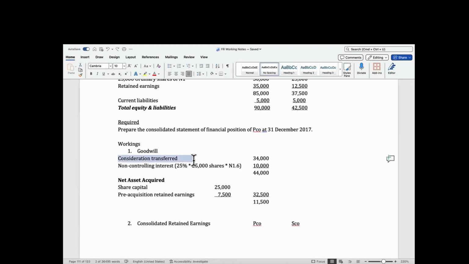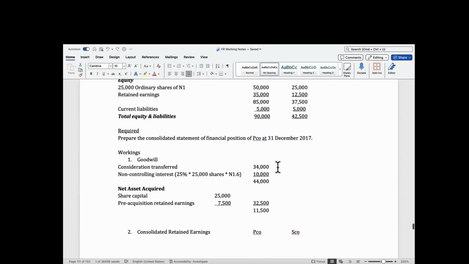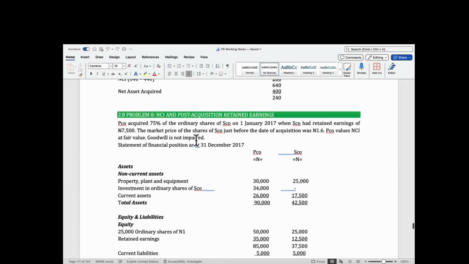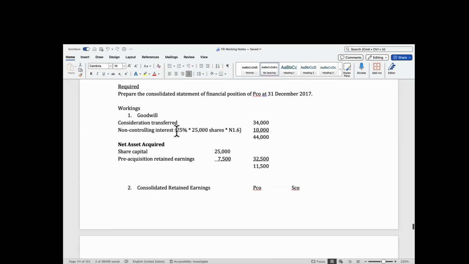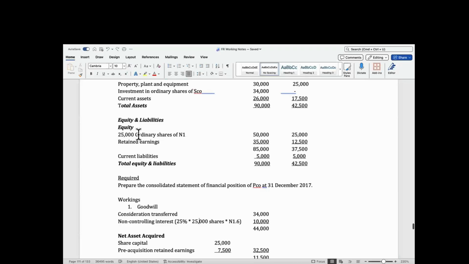So I get my consideration transferred, which is what I paid, 34,000, which is 75%. To bring this to 100%, I introduce NCI, because NCI is measured at fair value and they give me the share price of the subsidiary. So I can easily get the number of shares the NCI has, which is 25% times the total shares of the subsidiary, which is 25,000 shares from the correction here.